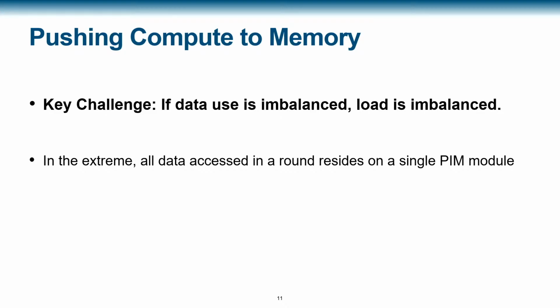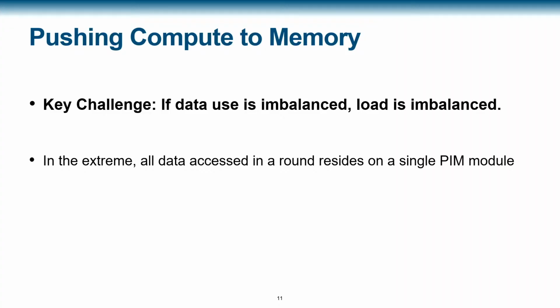In this world, you've placed data among these PIM modules, and now some workload comes in, like the indexes we're working with, where a bunch of queries come in. If all those queries want data that's on just a handful of those local memories, you're in trouble.